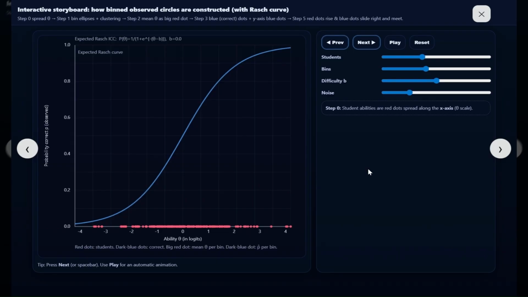Now these items, this vector of difficulties, and this vector of abilities per student and per question, of course.